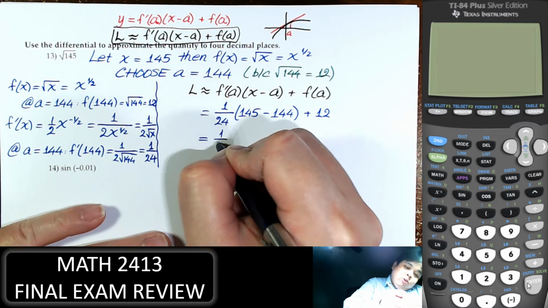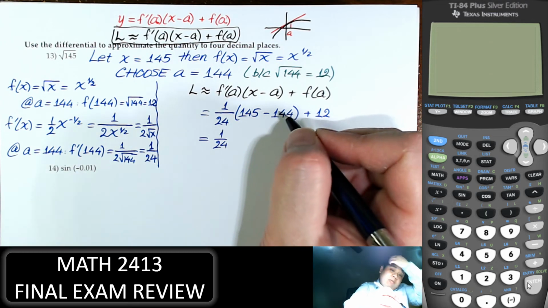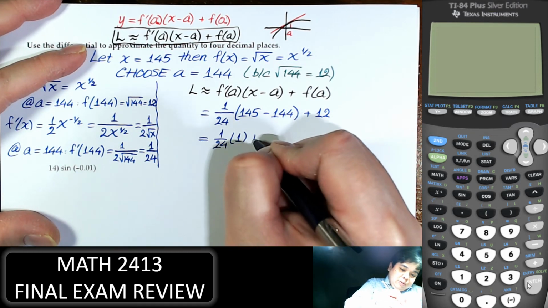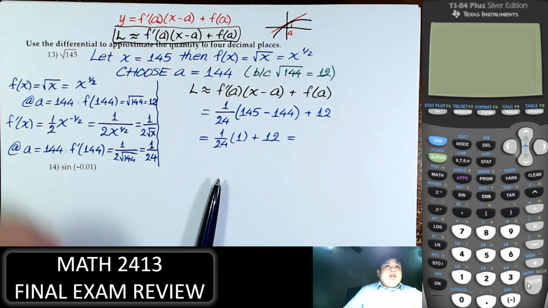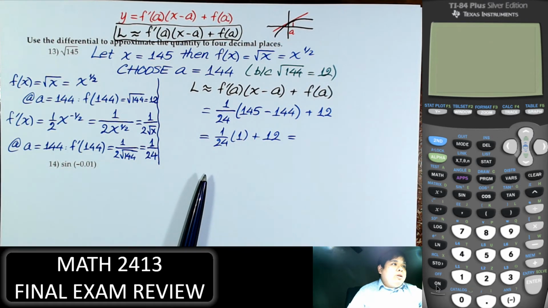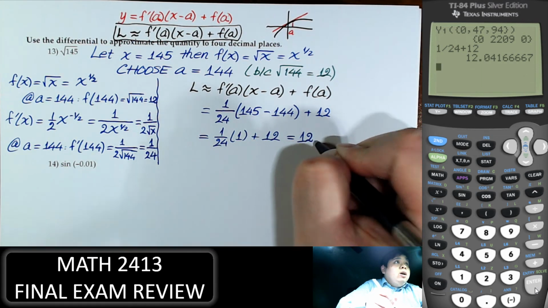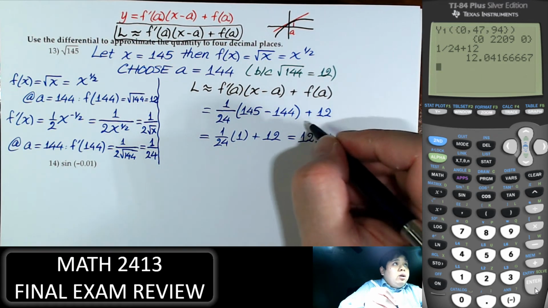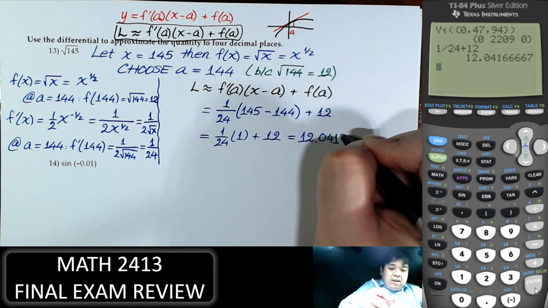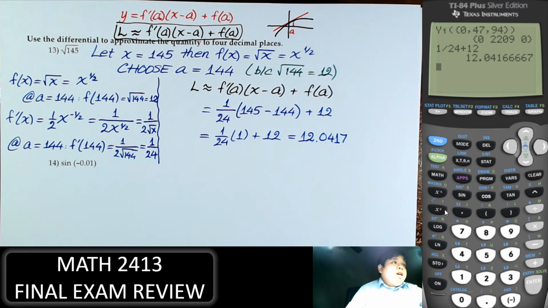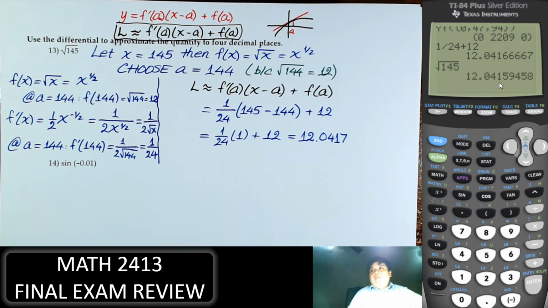So that is 1 over 24 times 145 minus 144, which is just 1. We need 4 decimal places. So 1 divided by 24 plus 12. The answer is 12.0417, to 4 decimal places. Now if we take the square root of 145, it is very close to it. So that is a very good approximation.